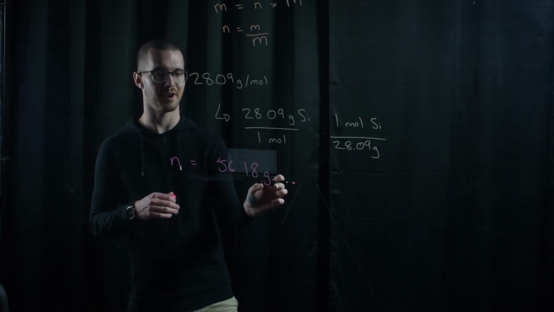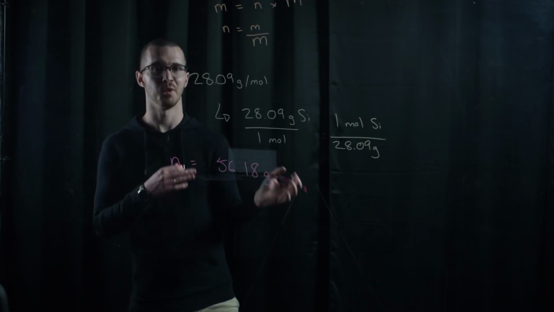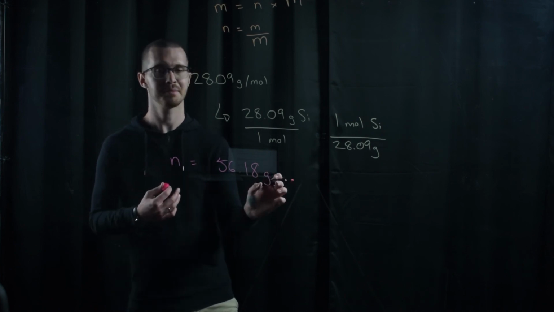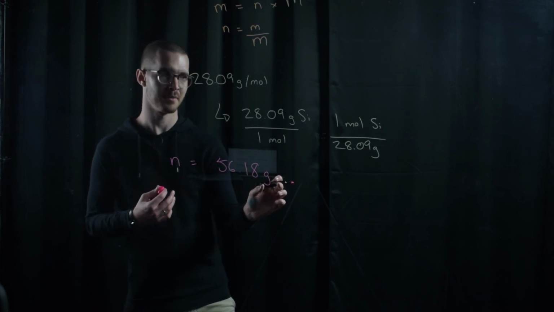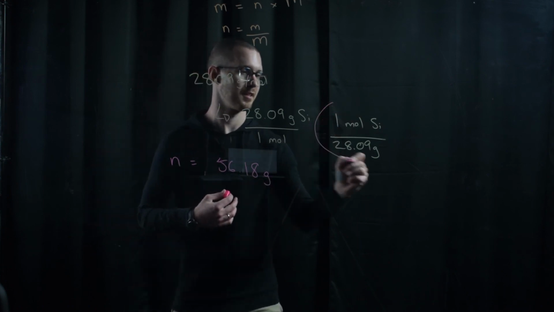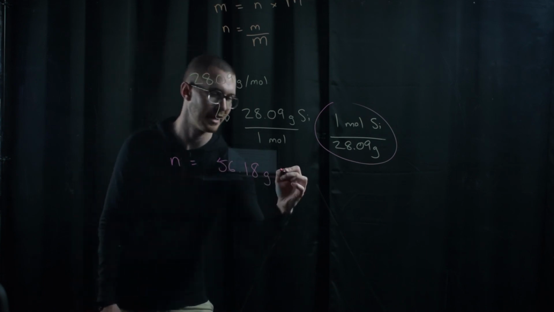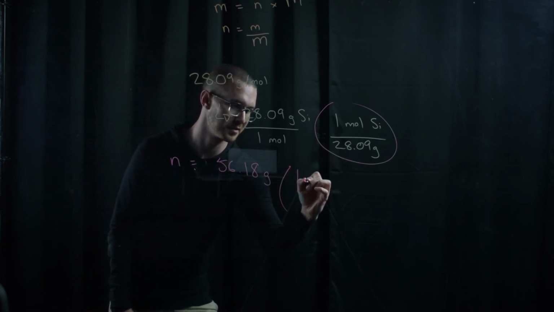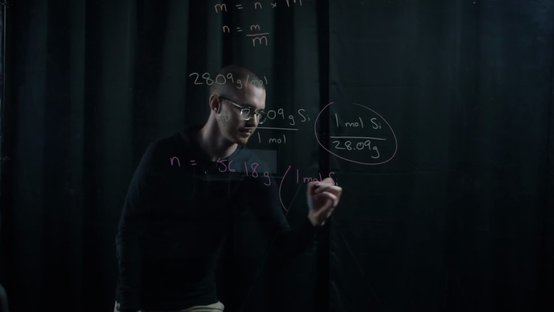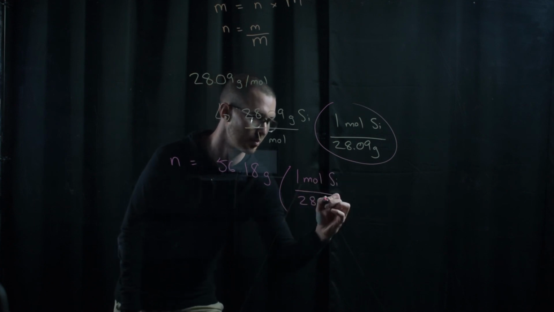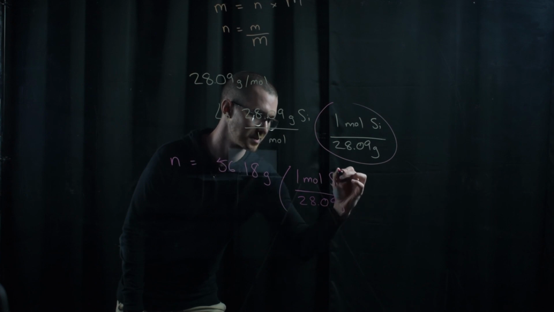We want to get rid of grams and have moles instead. In order to get rid of grams, I have grams on the bottom. So that looks like this ratio right here. So I can take the mass and multiply it by this ratio: 1 mole of silicon is 28.09 grams.